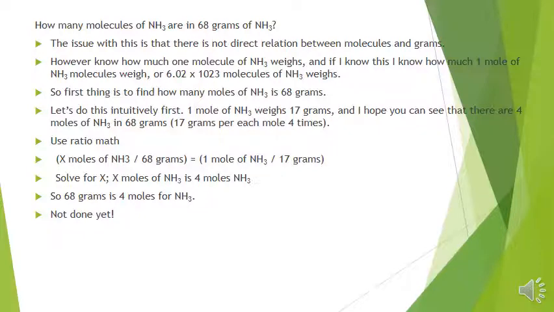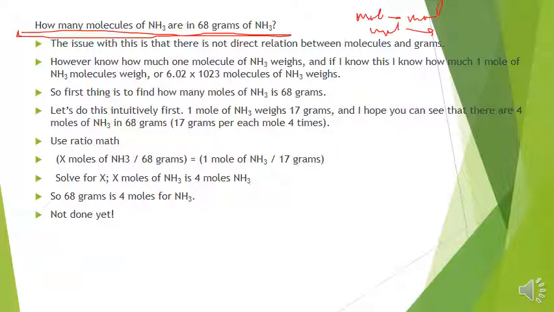Now this is where you need to think about the relationship between mass and moles, or number. There is no direct relationship between number of molecules and grams, but there is a relationship between moles and molecules, and moles and grams.